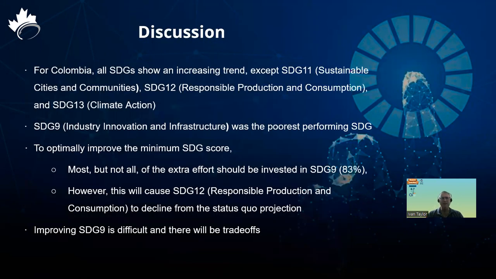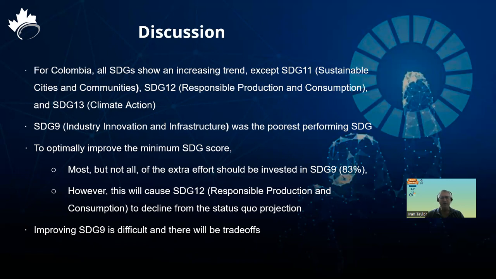So in summary, we looked at Colombia's SDGs and we found that all of the SDGs showed an increasing trend except SDG 11, Sustainable Cities and Communities, SDG 12, Responsible Production and Consumption, and SDG 13, Climate Action. We found that SDG 9, Industry, Innovation, and Infrastructure, was the poorest performing SDG.